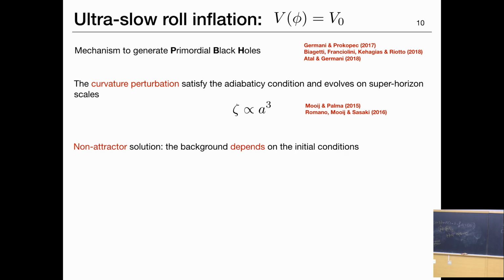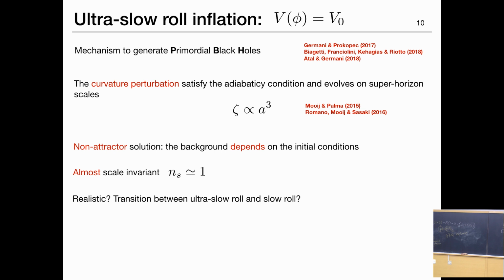What else? Contrary to slow roll inflation, this model has non-attractor solutions, which means that the background depends strongly on the initial conditions. The model also has an almost scale invariant spectrum, but in the way in which it is presented, it has a big problem.